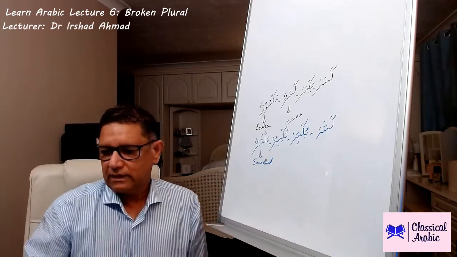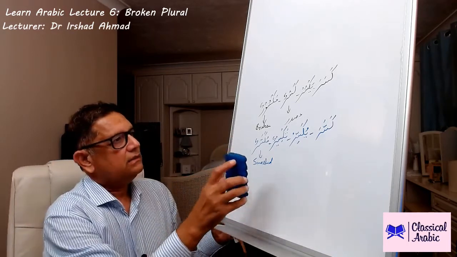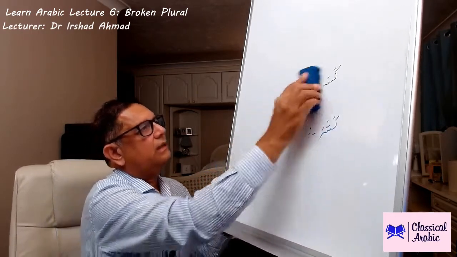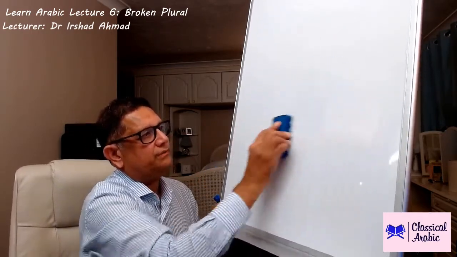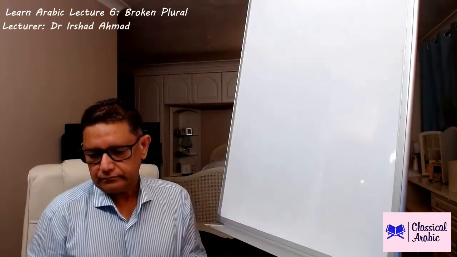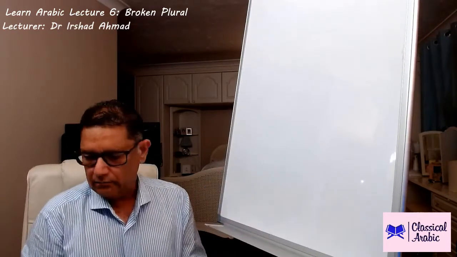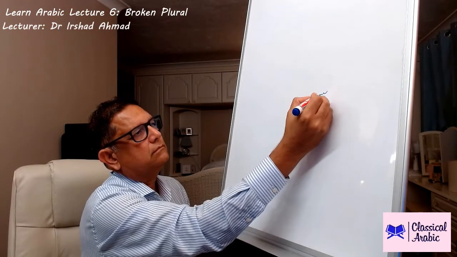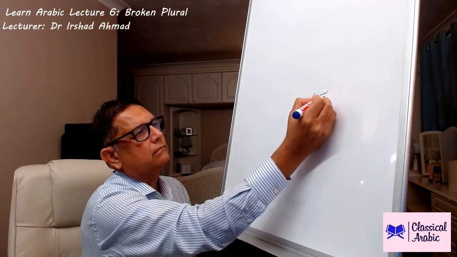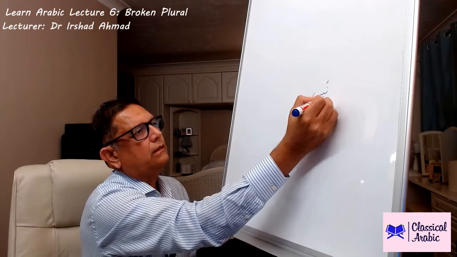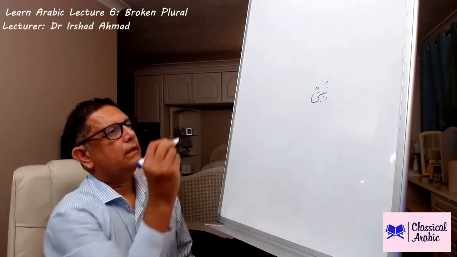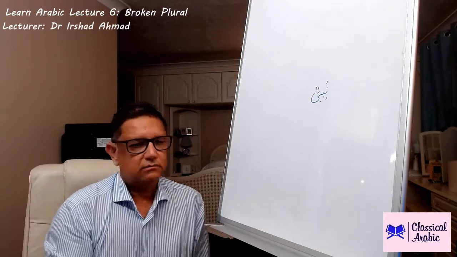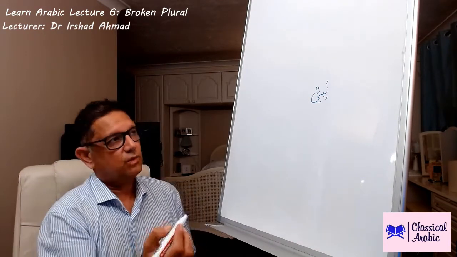I'll explain what I mean. There is one word which you're very familiar with, and that's Nabiyun. Nabiyun has two plurals, salim as well as mukassar.